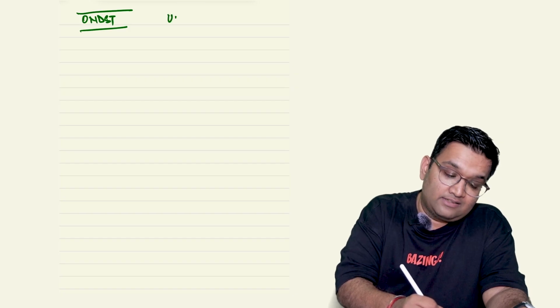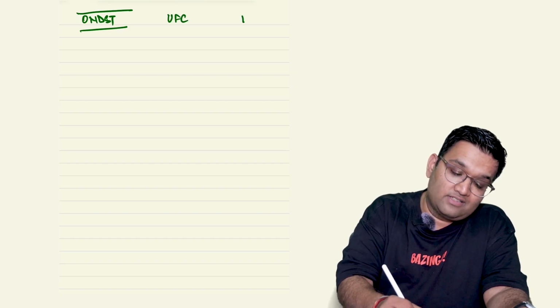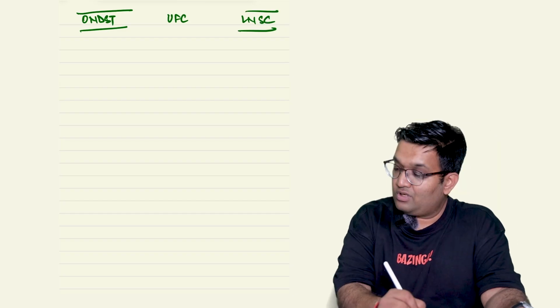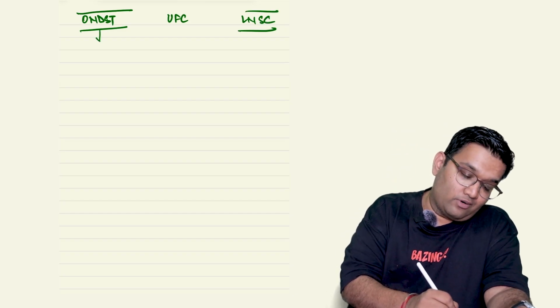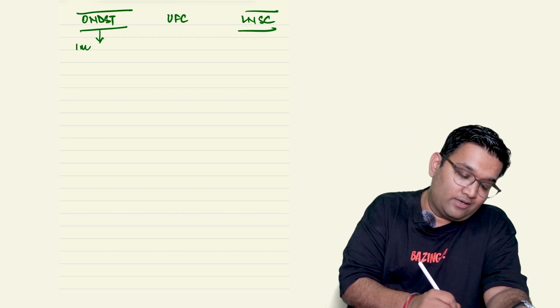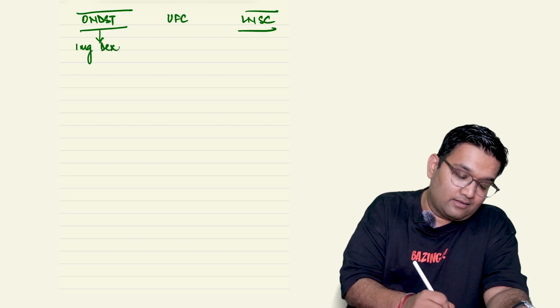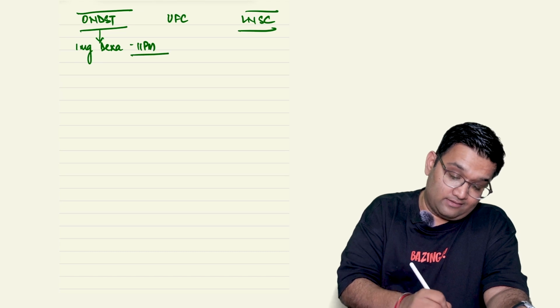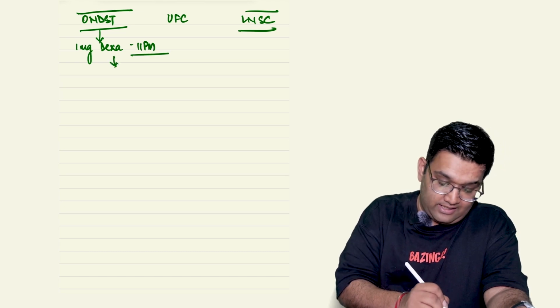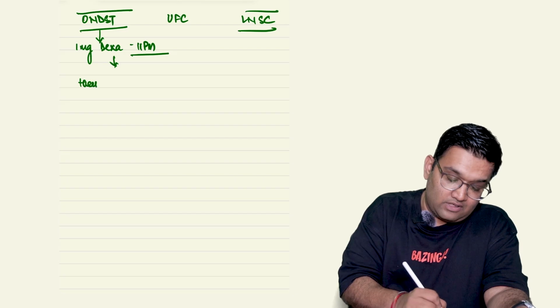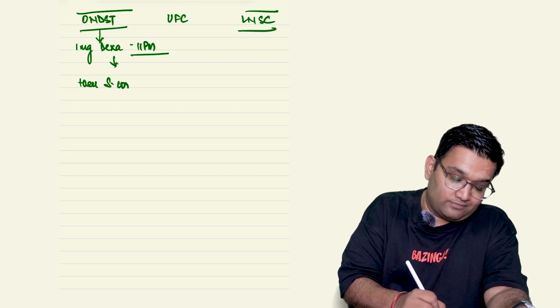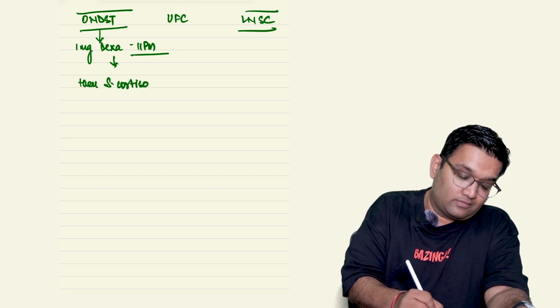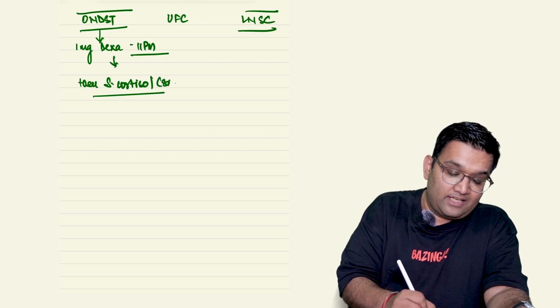How is this ONDST performed? What is done in UFC and what is done in LNSC? ONDST is performed when 1 milligram of DEXA is given at 11 p.m. at night, and then serum cortisol at 8 a.m. is assessed.